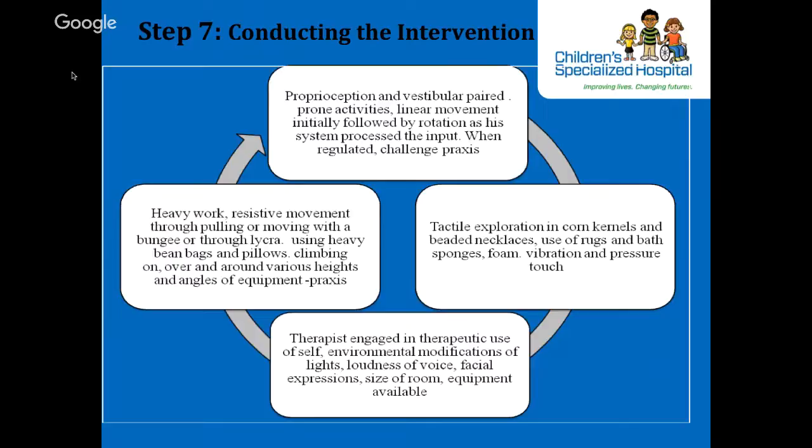Anti-gravity control positions were used during play, and opportunities to rearrange, remove, and replace equipment and materials based on the child's response. Changes in intensity, duration, frequency, and rhythm of the sensory experiences were also incorporated throughout.